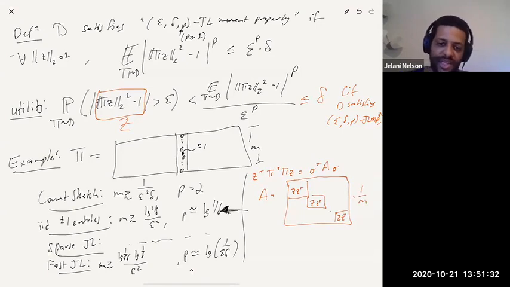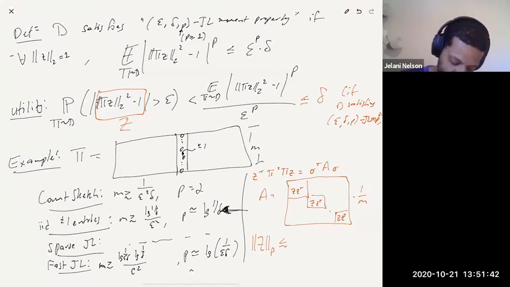And Hanson-Wright said that if you look at this error random variable and its p norm, it's at most, up to a constant, root p times the Frobenius norm plus p times the operator norm.